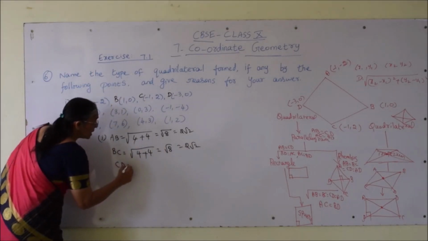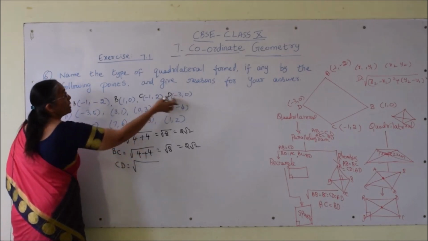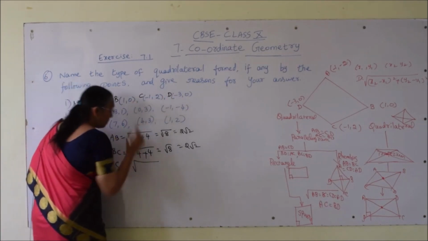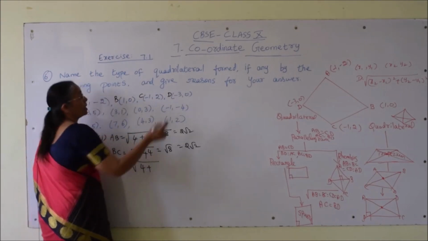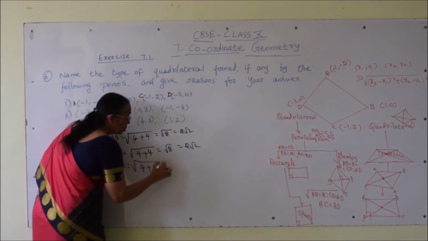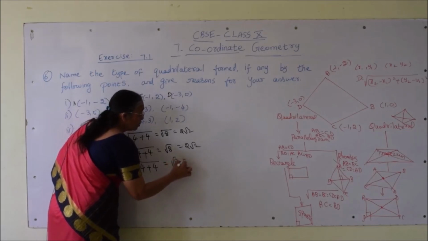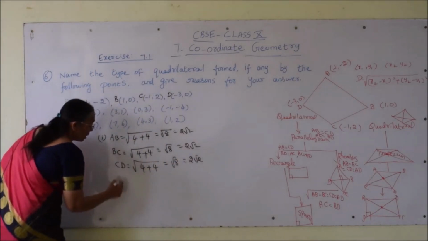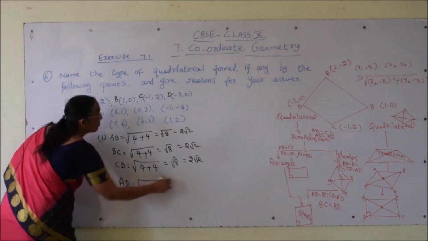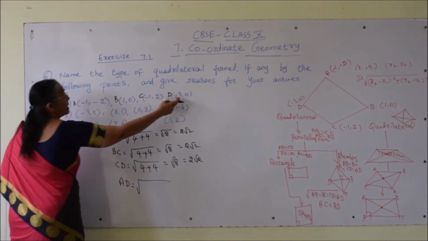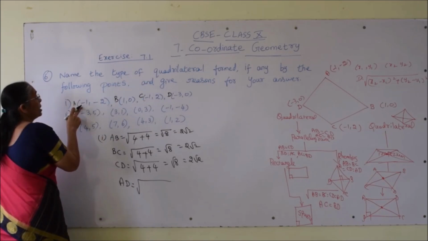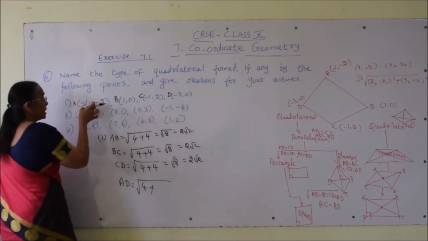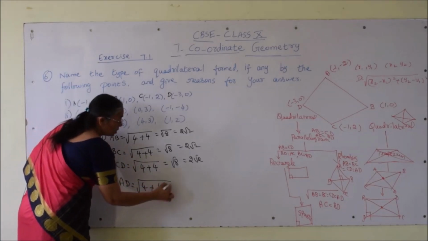Coming to distance CD, root over minus 3 minus of minus 1 will become plus 1. So, minus 3 plus 1 is minus 2 whole square, plus 0 minus 2 whole square, 4, 4 plus 4 is 8, root 8 is again 2 root 2. Coming to the distance AD, for these 2 points, minus 3 minus of minus 1 plus 1. So, minus 2 whole square is 4, 0 minus of minus 2 plus 2 whole square is 4, 8.